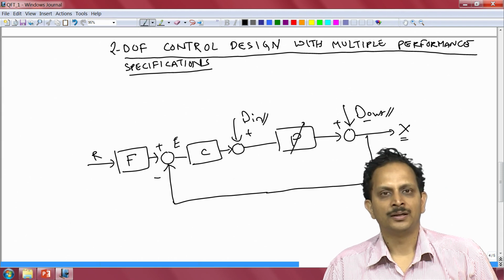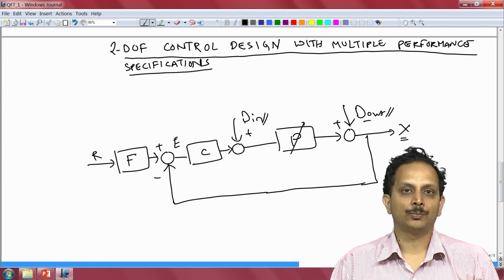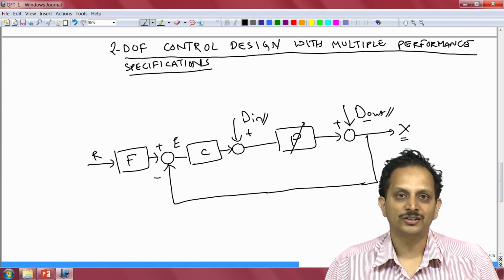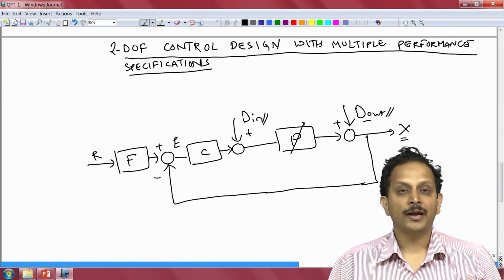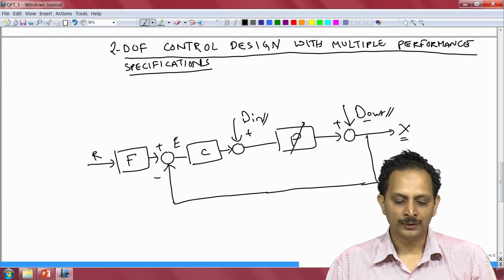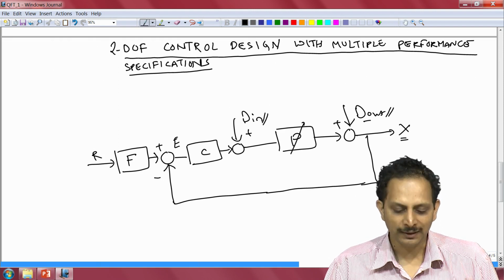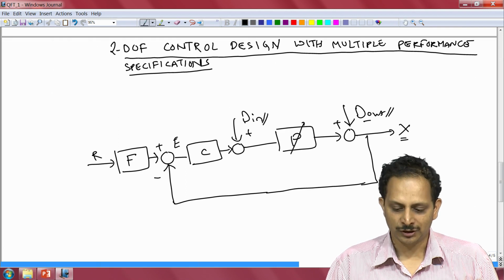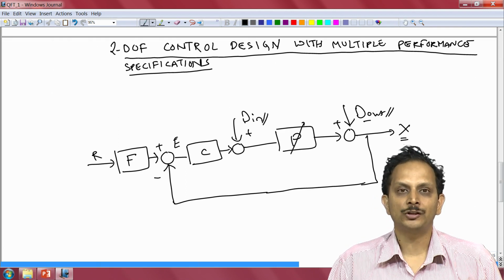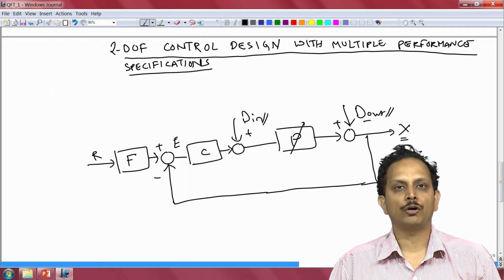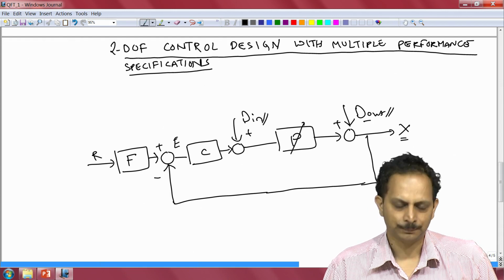So the first step in our attempt to address problems of this degree of complexity is to come up with a suitable design tool that will show us in a very clear and transparent manner the constraints imposed by each of these performance specifications on the performance of the overall control system.